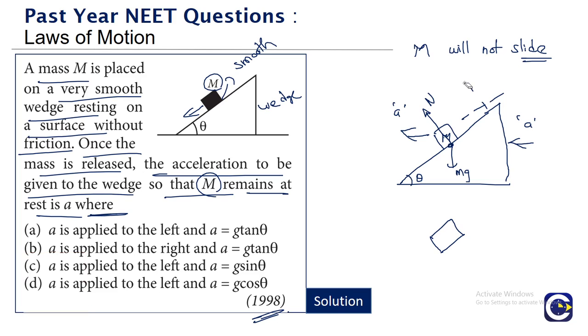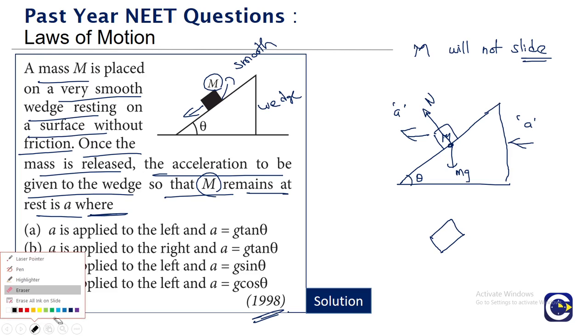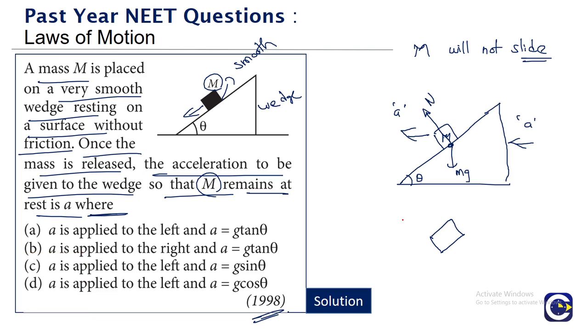But in this case, since the motion is supposed to be along the horizontal, the mass M is just supposed to have a horizontal acceleration A, right? We will resolve the forces into horizontal and vertical. So here the mg is already vertical, no need to resolve it.